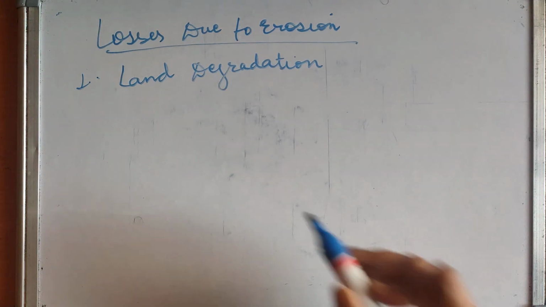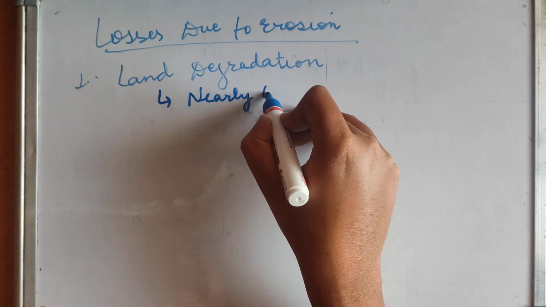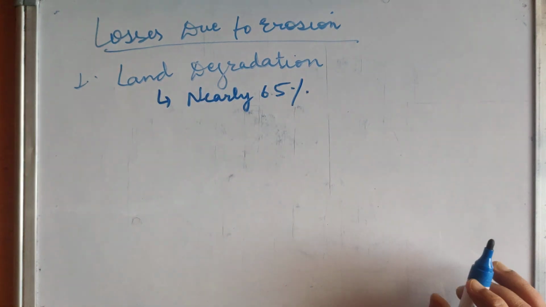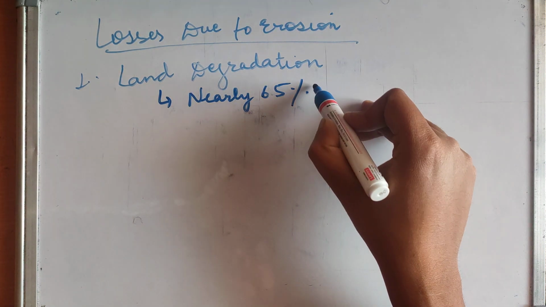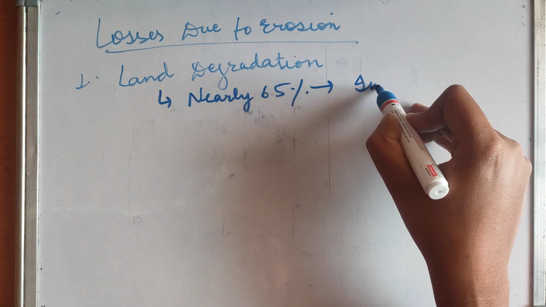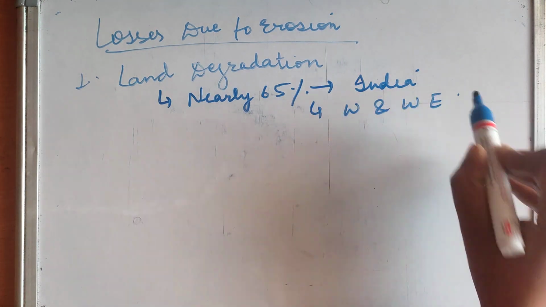Nearly 65% of degraded land in India is due to water and wind erosion.